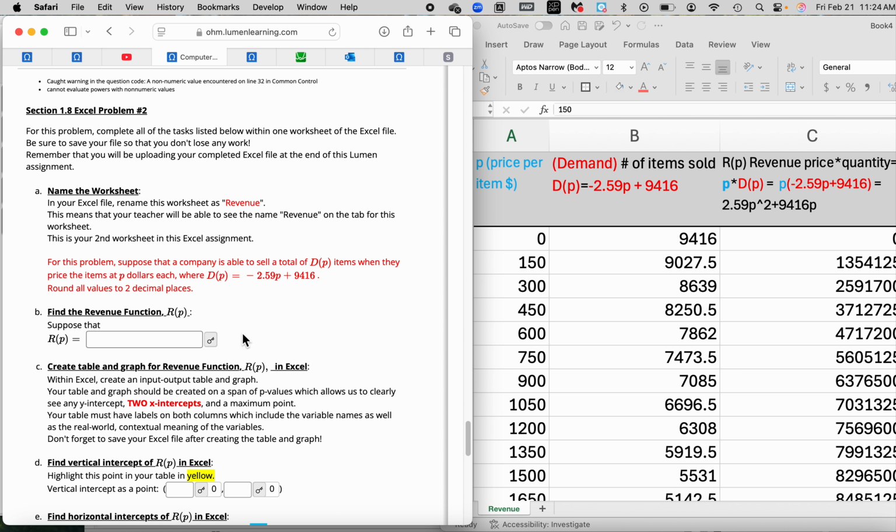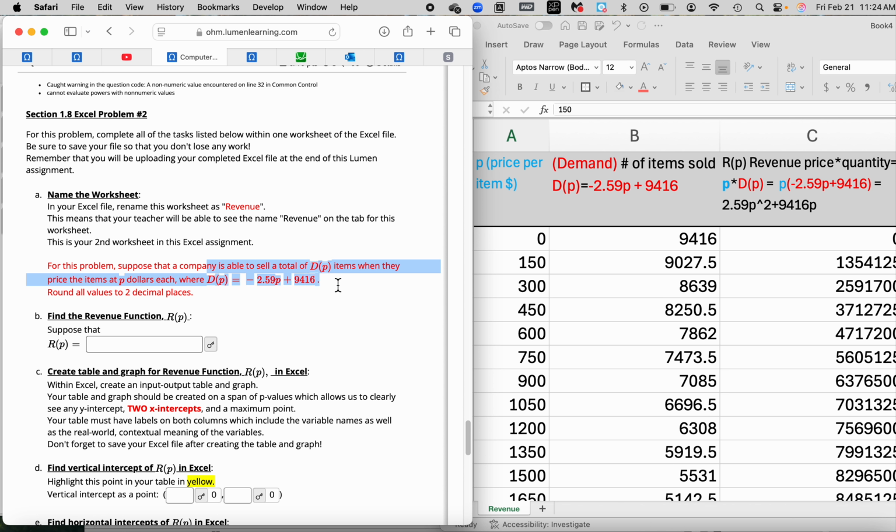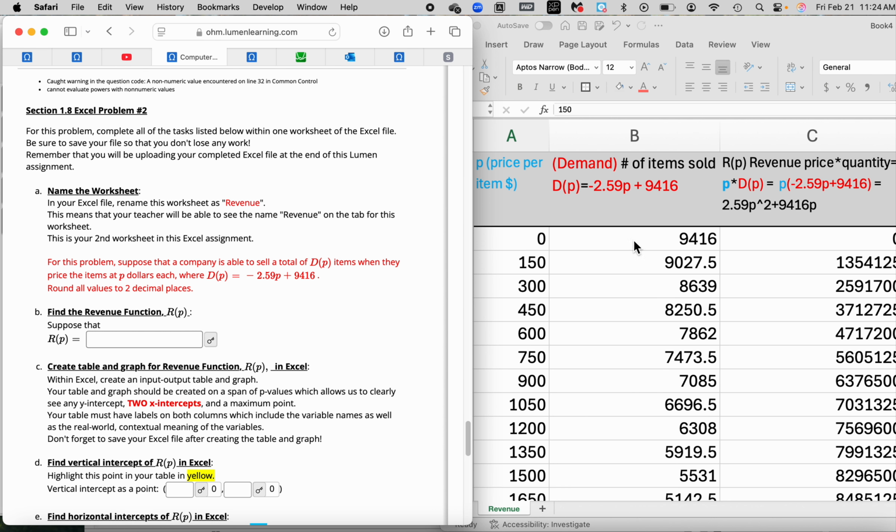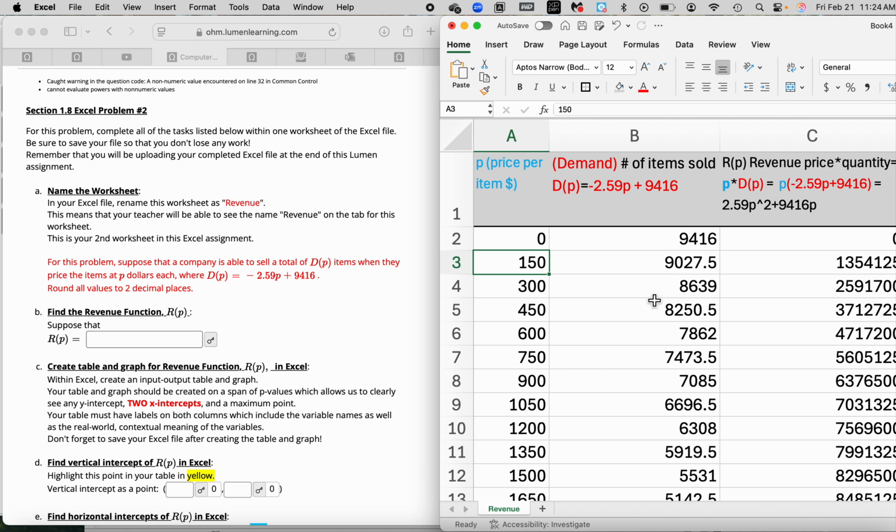All right, so let us put in, because it gives us this D of P function, even though we're not sure if we're going to use it initially, we're going to put it in our first output column, column B, demand, number of items sold, D of P. So I type my function in, I use cell referencing.